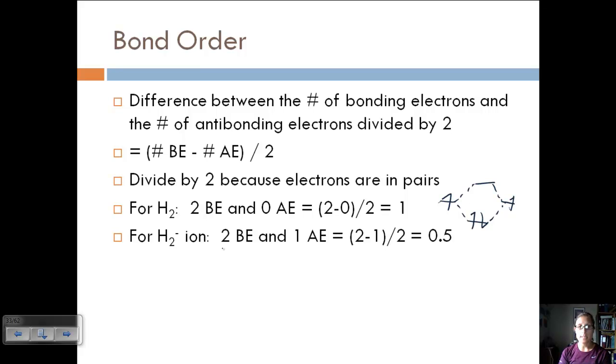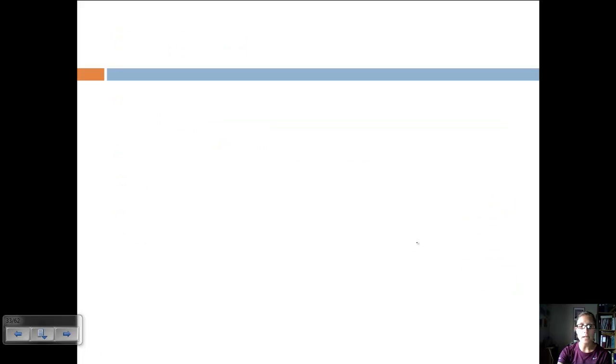So for the H2- ion, we had 2 from the H-, 1 from the H, 2 filled the bonding, 1 filled the anti-bonding. So we had 2 minus 1, so 1 over 2, that gave us 0.5.